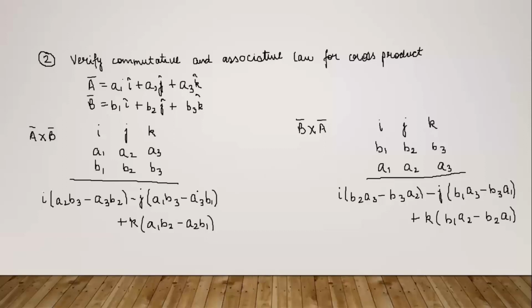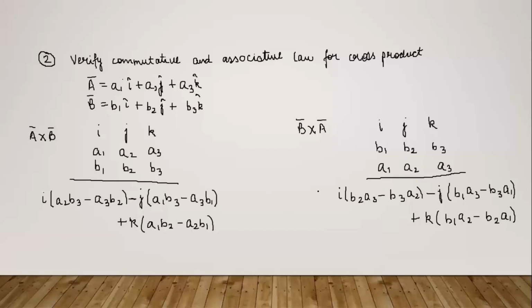Now let's compare the results. With i, we have B2 A3 minus B3 A2; here it's positive A2 B3, here it's negative A2 B3, here it's minus A3 B2, it's plus A3 B2. When we go to the j component, this j has a negative; if we take it inside, it's minus A1 B3, so it's plus A1 B3 with this negative. This also has the reverse sign. And when we talk about the k component, this has plus A1 B2, this has minus A1 B2.